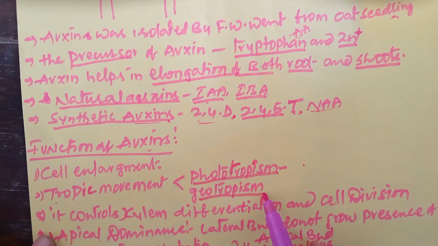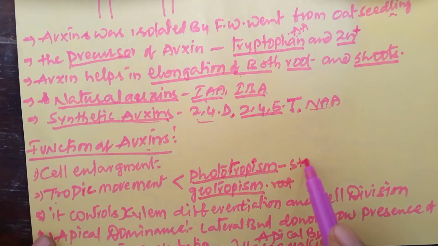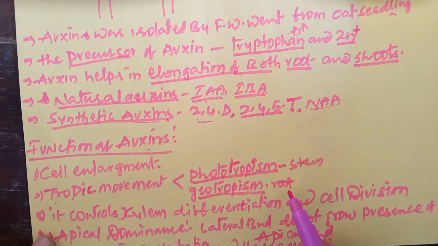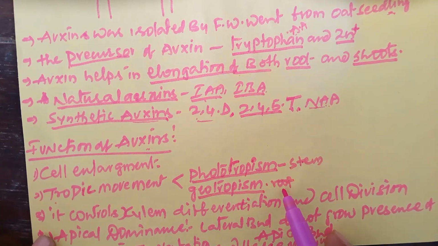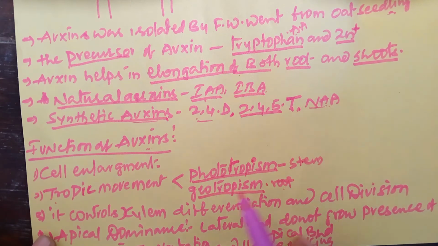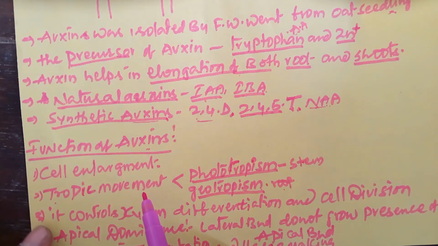Geotropism occurs in the root system. Phototropism occurs in the stem, geotropism occurs in the root. The growth of the root is inside the ground, and that movement is called geotropism. However, phototropism and geotropism are stimulated by auxins. So this is also one of the major functions carried out by auxins.